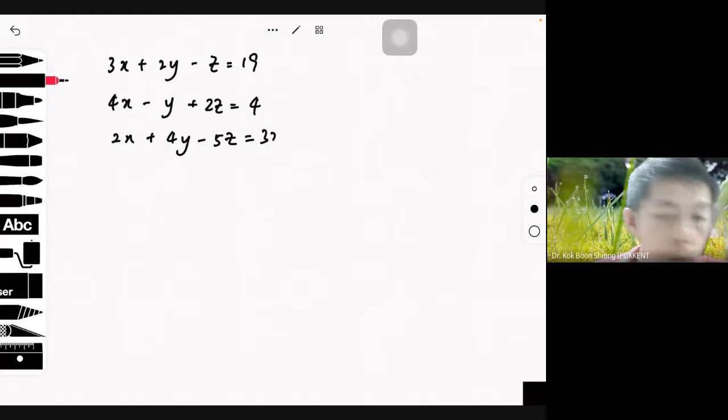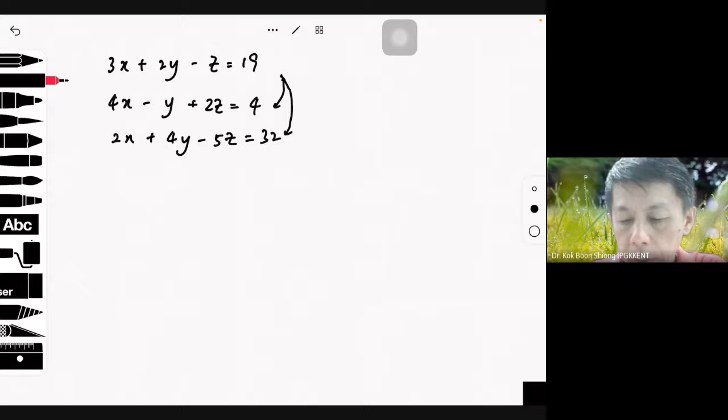Okay, try to solve this. I think the screen is a little bit slow because of the line. So you can use the first equation to eliminate one of the variables, and eliminate the same variable from the other equation.